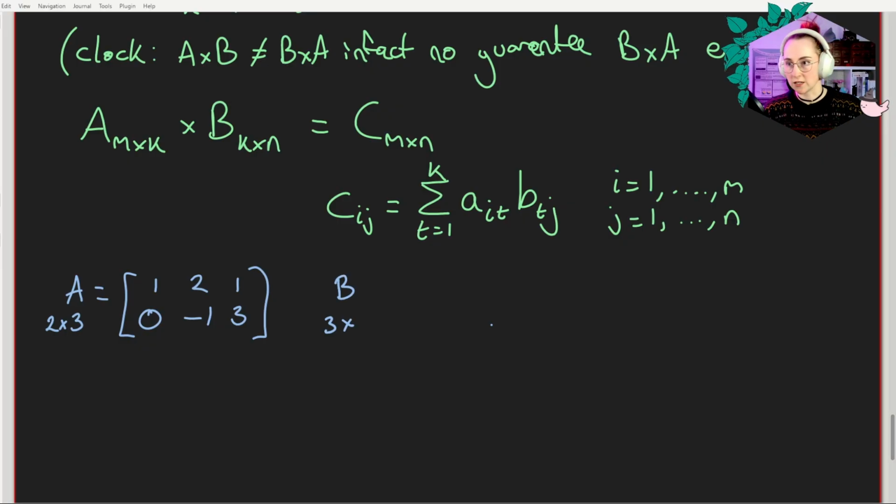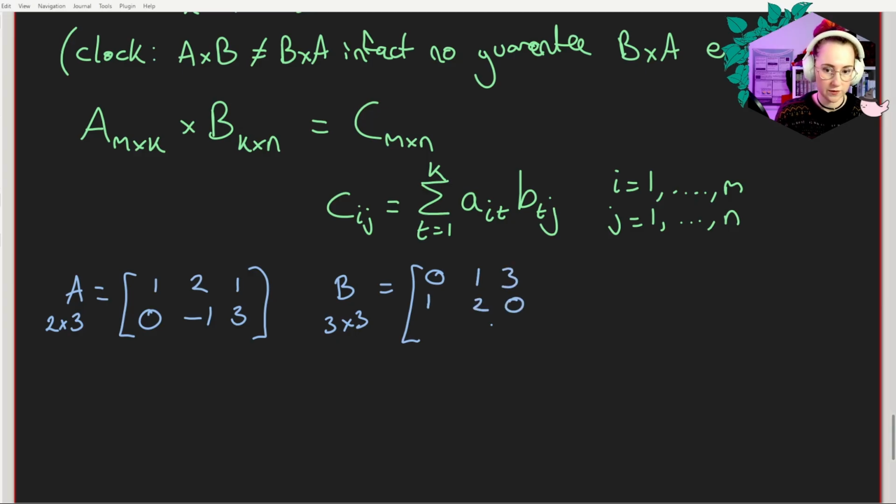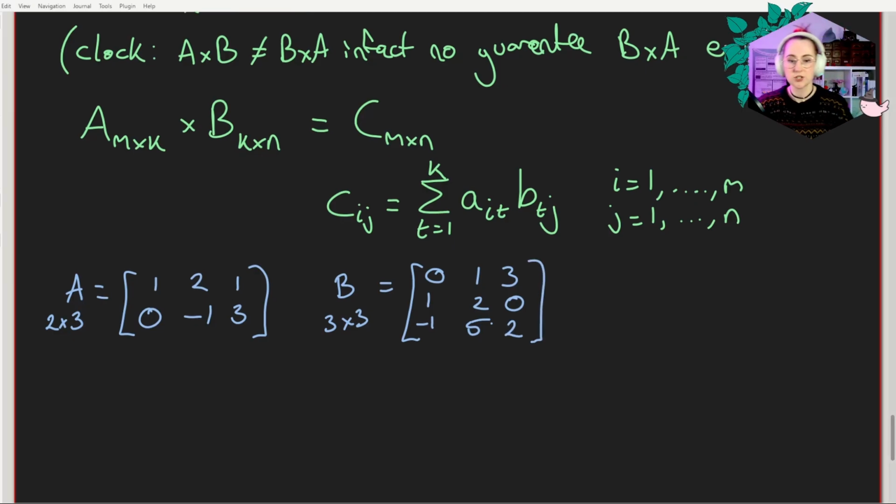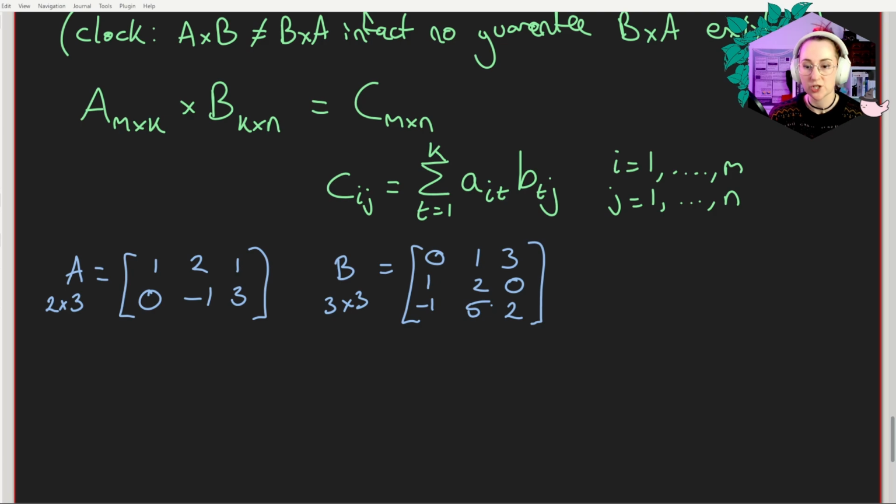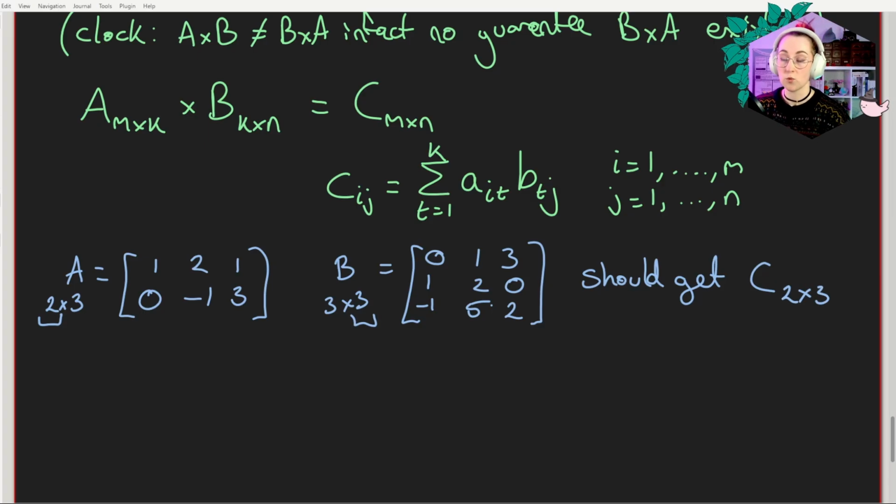Doesn't matter what it is, but I'm going to do a 3 by 3: 0, 1, 3, 1, 2, 0, minus 1, 5, 2. I like doing complicated numbers for some reason. So these are our two matrices, and what that means is we should get C as a 2 by 3 matrix. If we don't get a 2 by 3 matrix, we done messed up, is a good way to check.